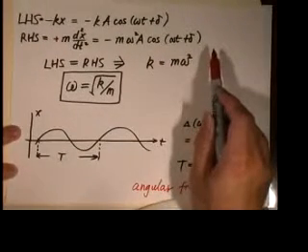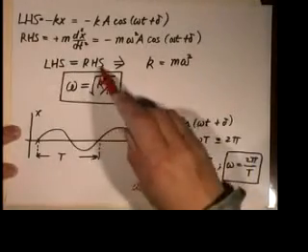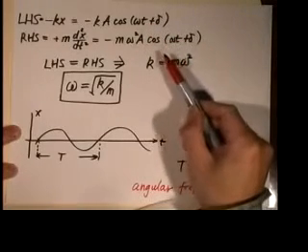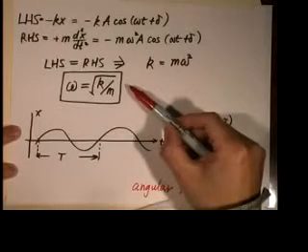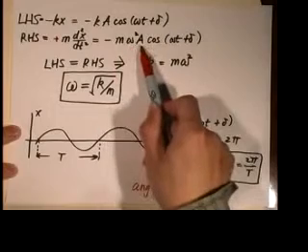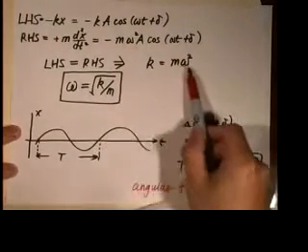The question is, are these two sides equal? Well, let me equate these two sides. Basically, I'm equating those two functions. And you see, if you do that, you can indeed make them equal. All you have to do is to make sure that kA equals m omega squared times A. Now you cross out A, you find that k equals m omega squared.